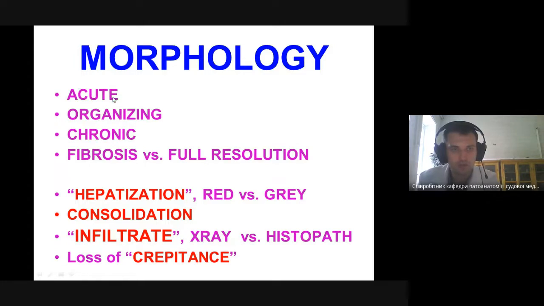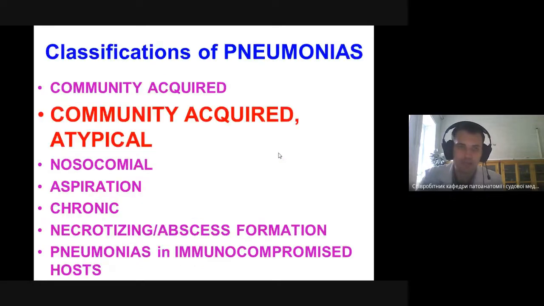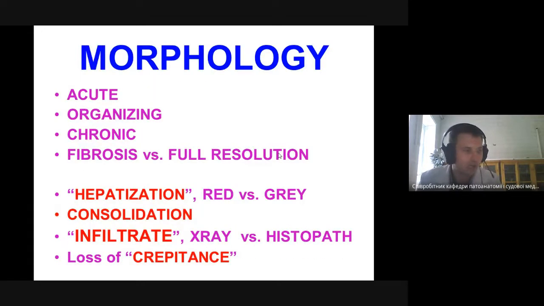Then acute pneumonia, organizing pneumonia, chronic pneumonia, fibrosis versus full resolution. So in acute pneumonia, we'll see the fibrin in the alveoli, and those fibrin fibers should be resolved.